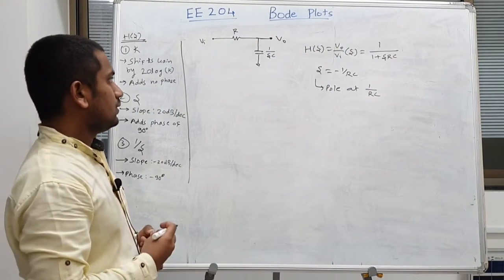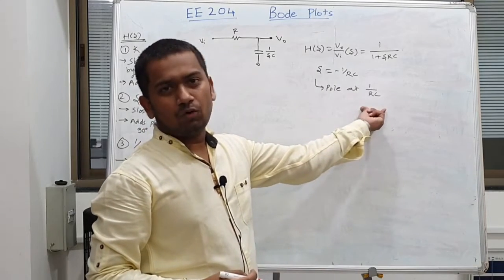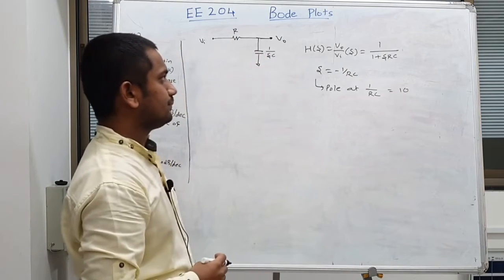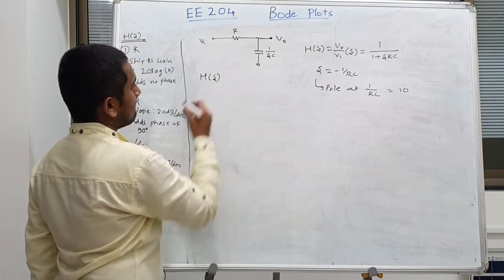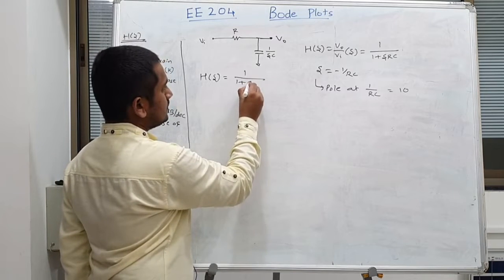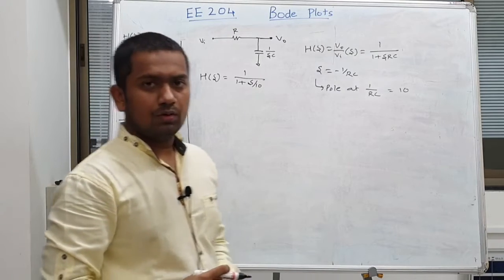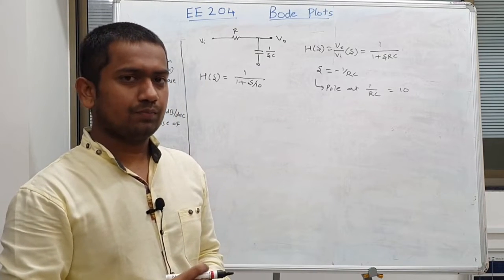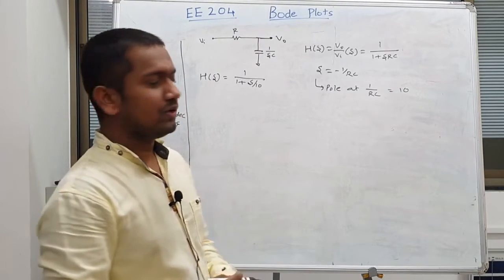Now, for simplicity of drawing the Bode plot, we will put some number for 1 by RC. Let's take that number to be 10. We will rewrite this as h of s is equal to 1 upon 1 plus s by 10. Now, Bode plot is about asymptotic approximations. So, we will go with how this approximation is calculated.